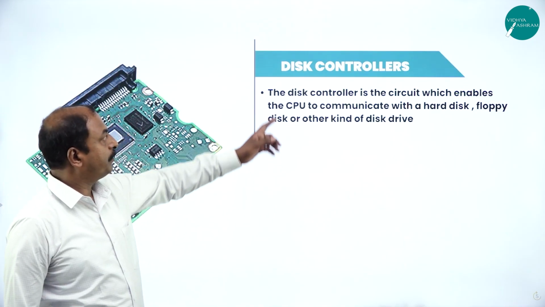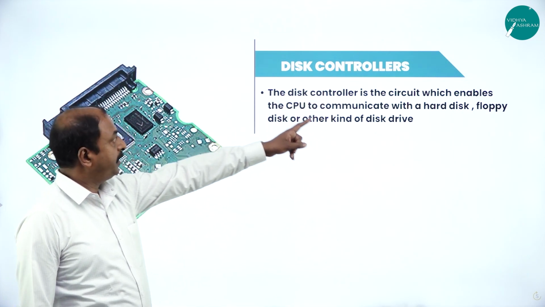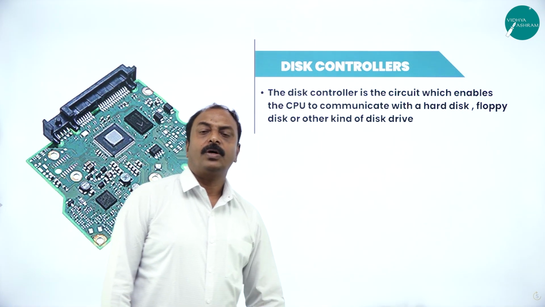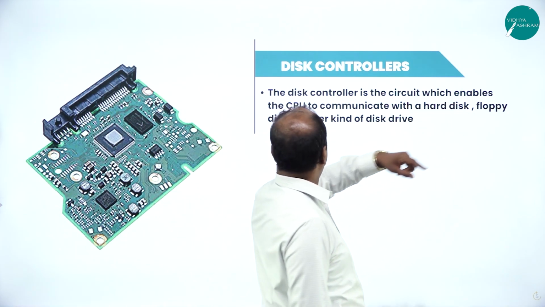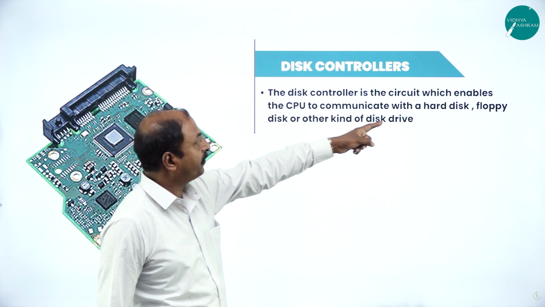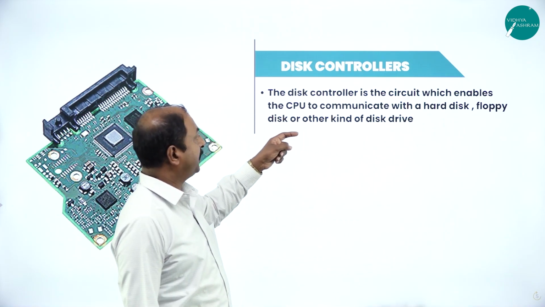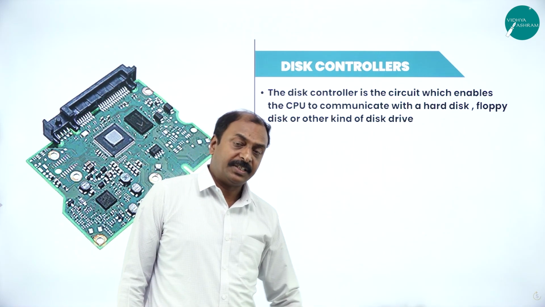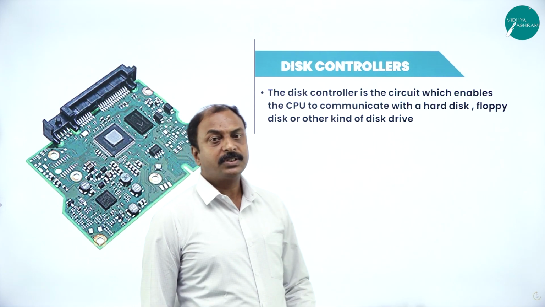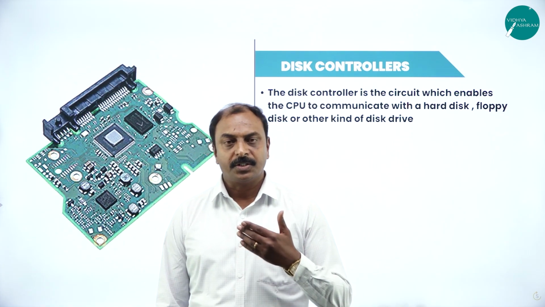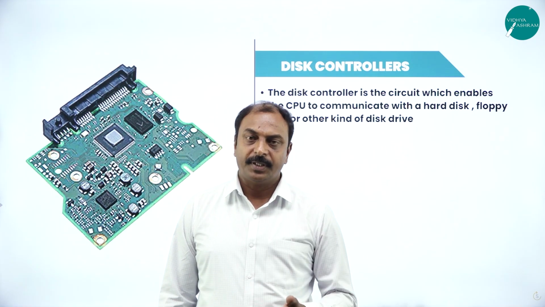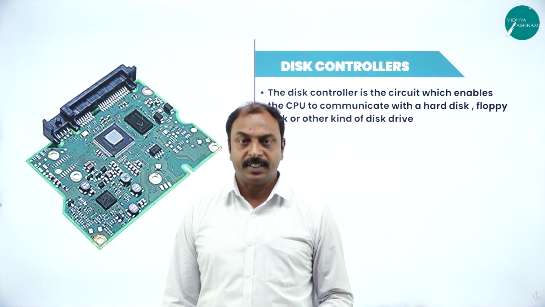Another type of component is disk controllers. What are disk controllers? A disk controller is a circuit which enables the CPU to communicate with the hard disk, floppy disk, and other kinds of disk drives. So disk controllers are responsible for communication between the hard disk, the floppy disk, or different types of disks.